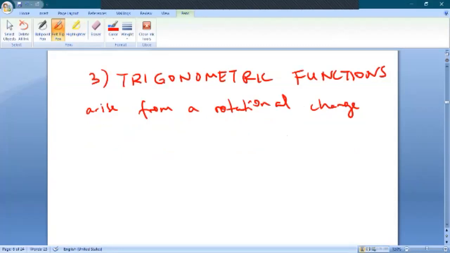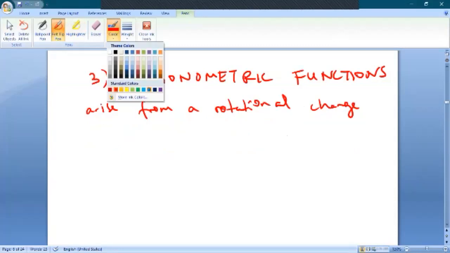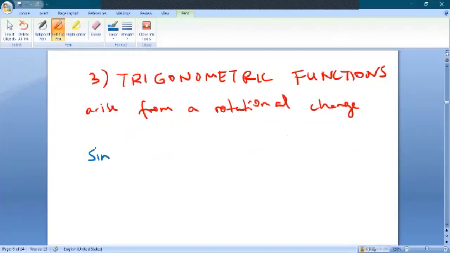So first of all, let's start with some of the basic trigonometric functions, like sine of x. They all come from a right triangle. So if we have a right triangle, it means one of the angles is 90 degrees, a right angle.